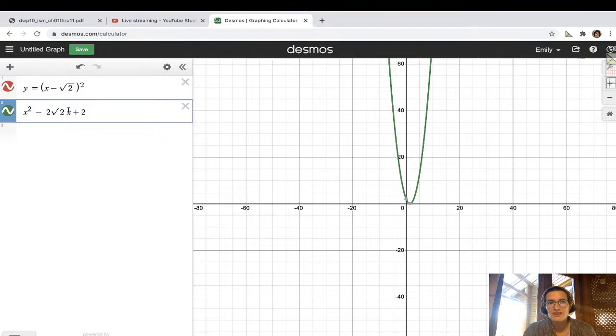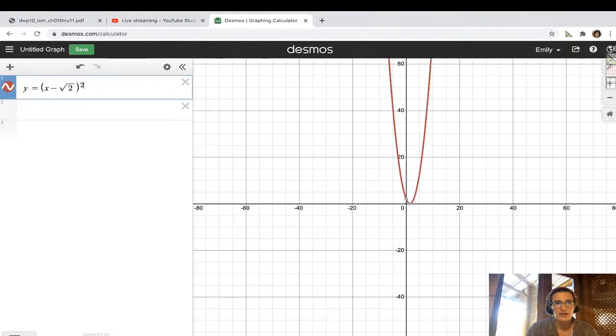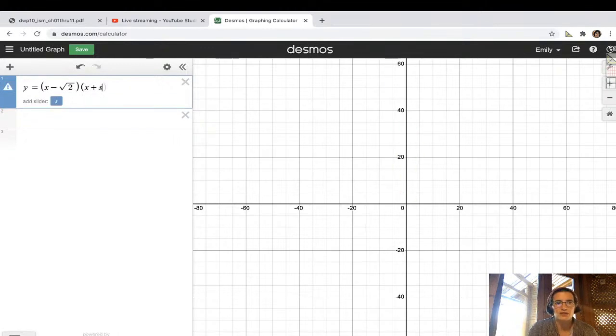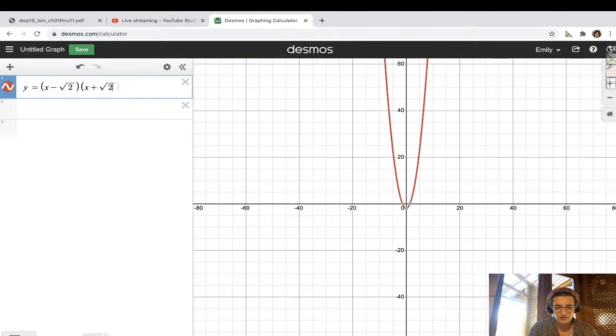We've never dealt with this. We haven't had any functions where there's a square root here, so this doesn't exist. All of our coefficients have always been real numbers. So how do I deal with that? Well, if you're told that the square root of 2 is a root, and you're told that there are rational coefficients, then you know that this also has to be a root.